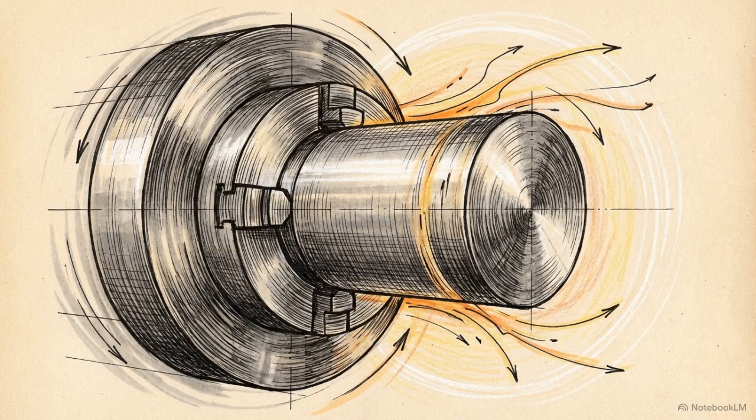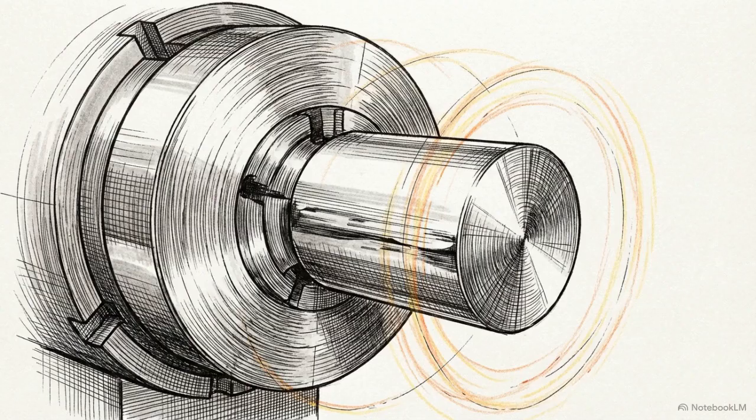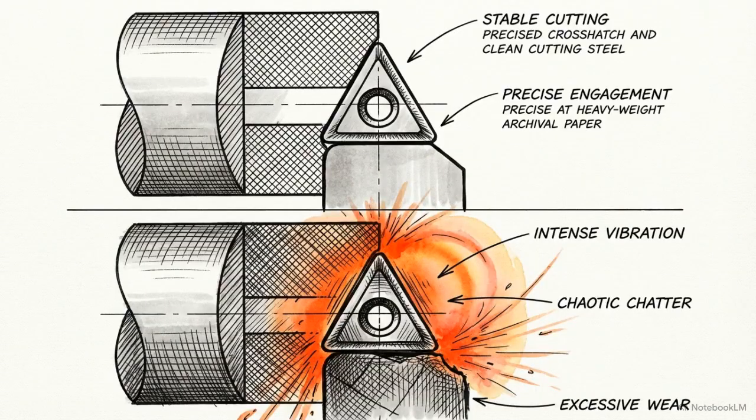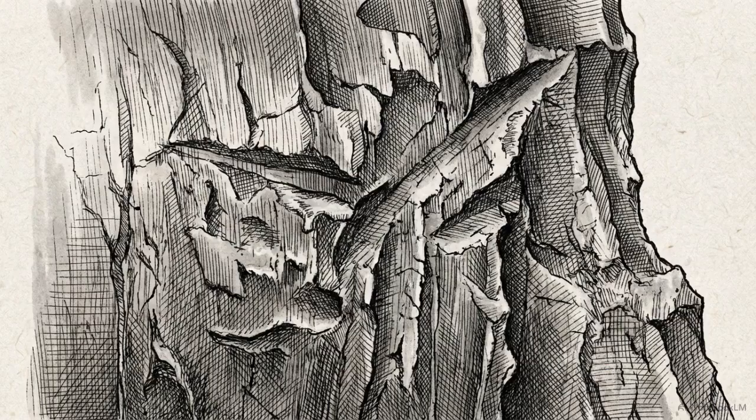To counteract this, engineers adjust the next variable, cutting speed. This is the rotational velocity of the workpiece itself, which operates entirely independently from the machine's linear feed geometry. But pushing the cutting speed higher introduces new mechanical loads. It rapidly accelerates wear on the tool and induces high-frequency vibrations that indirectly ruin the surface topology.